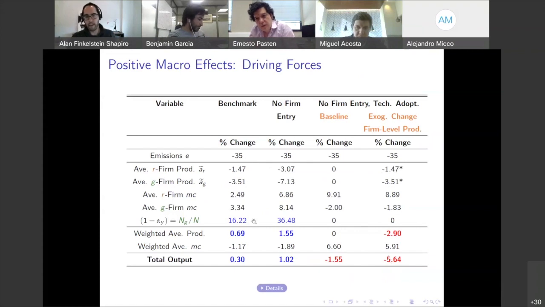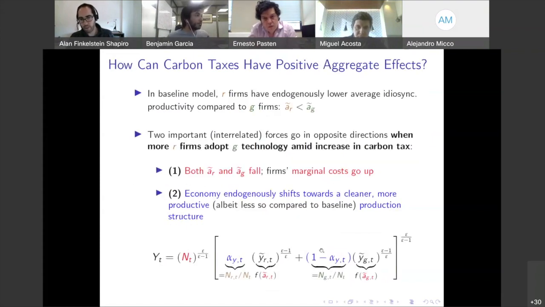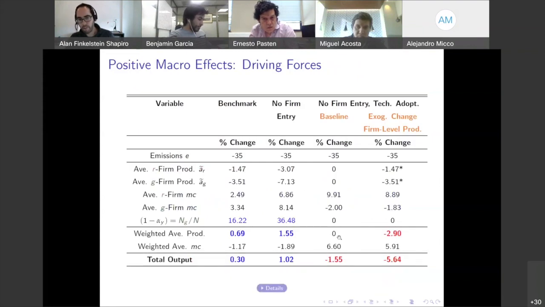So this is really highlighting how this change in the composition of production of the economy, moving from a high carbon to a low carbon economy, is having an impact on productivity that explains what happens to total output in the benchmark model relative to the other models.